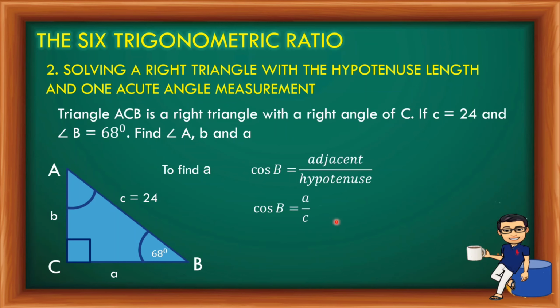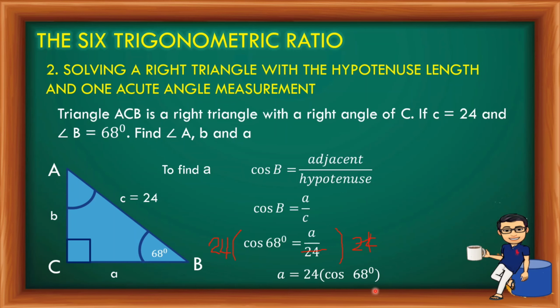So, we have this. Then, pwede na natin i-substitute yung may value. Ang angle B ay 68 degrees. Ang A ay mananatiling A kasi sinosolve natin at ang C ay 24. So, we have this. Then, the same process, i-multiply natin both side by 24. Para ma-cancel out ito, ang matitira na lang ay yung A ay equal sa 24 times cosine 68 degrees.